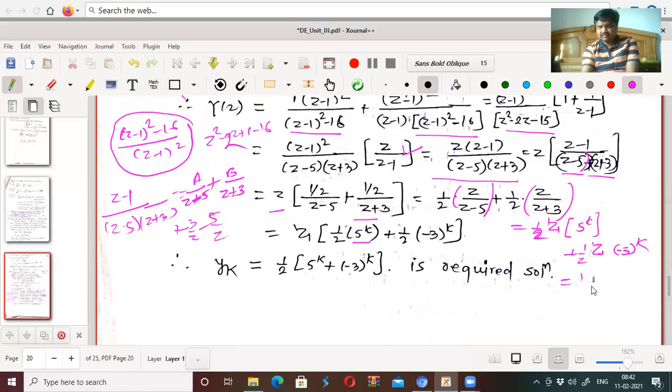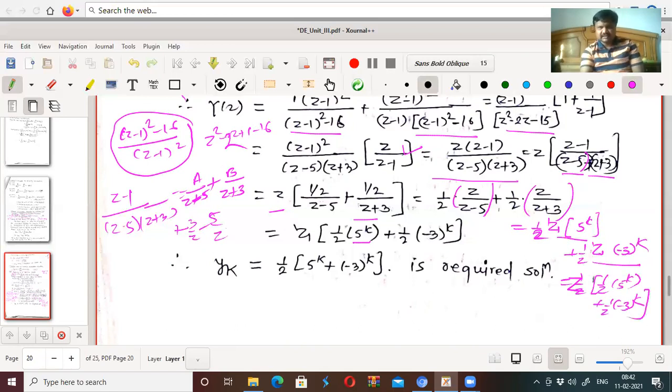That can also be written as z transform of 1 by 2 into 5 to the power k plus z transform of 1 by 2 into (minus 3) to the power k. So in total you will get z transform of 1 by 2 into 5 to the power k plus 1 by 2 into (minus 3) to the power k.